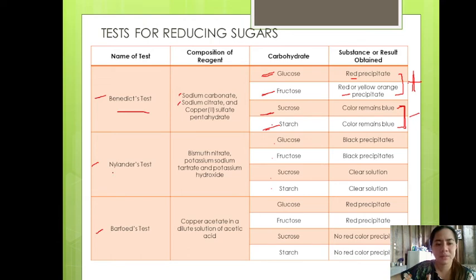In Nylander's test, the composition of the reagent is bismuth nitrate, potassium sodium tartrate, and potassium hydroxide. We have glucose, fructose, sucrose, and starch. Glucose and fructose give a black precipitate, while sucrose and starch give a clear solution.